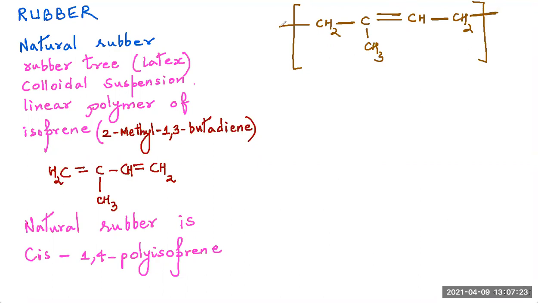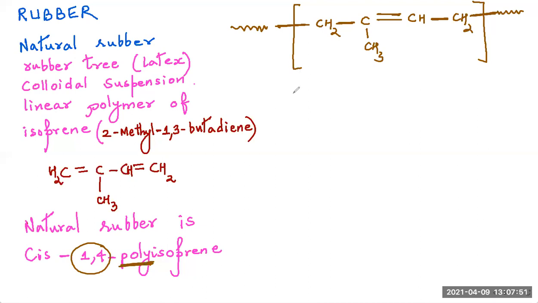Polymerization will happen from here, the next will join from here, and the double bond remains. Where is the second? It is at the ends, so number it: 1, 2, 3, 4. That is why 1,4 polymerization. Got it? Okay.